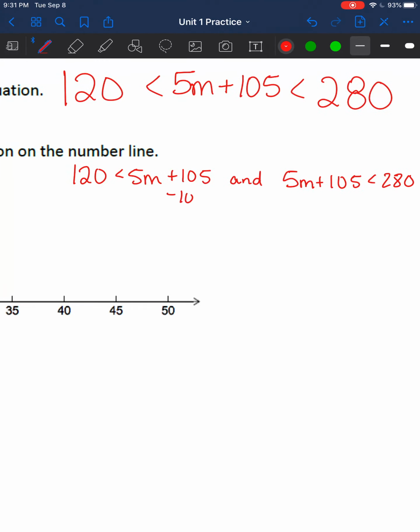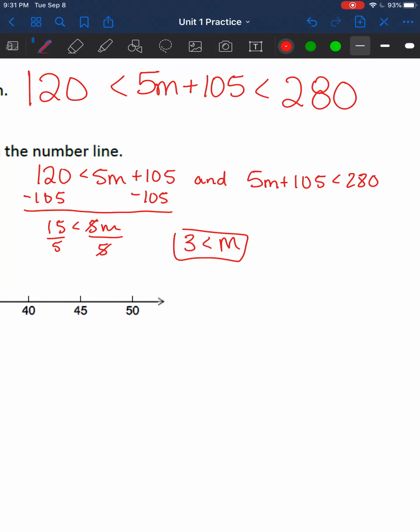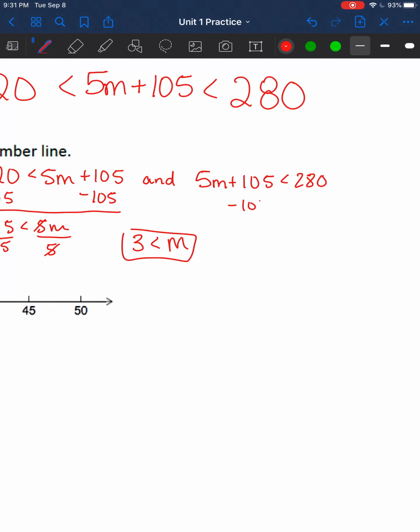Let's solve those. If I take away 105 on both sides, I'm left with 15 as less than 5m. If I divide by 5 on both sides, then I see that I have 3 as less than m. So that's one side.